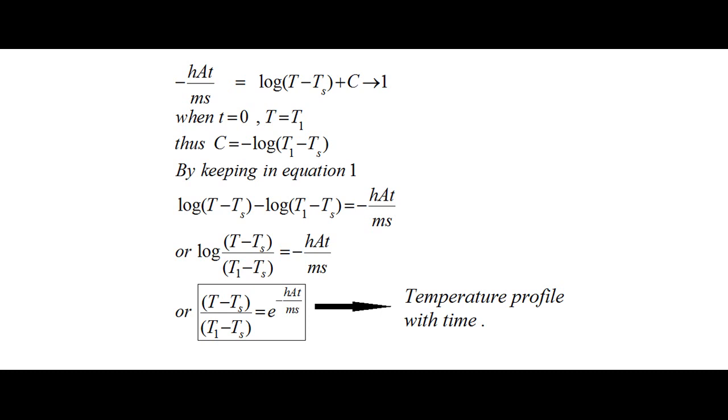Only capital T is the variable, which tells what would be the temperature of the ball at time t when a hot ball is cooling in the surrounding and is taken in the lumped category. So remember, this formula is applicable for all lumped systems. This formula is called the temperature profile with time formula for the cases of lumped system.